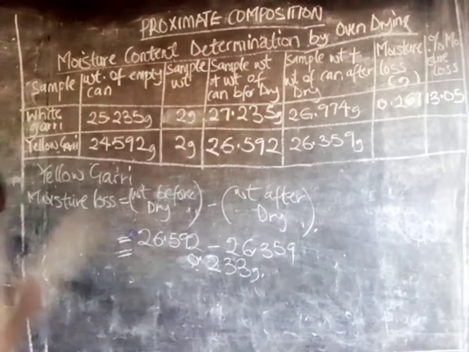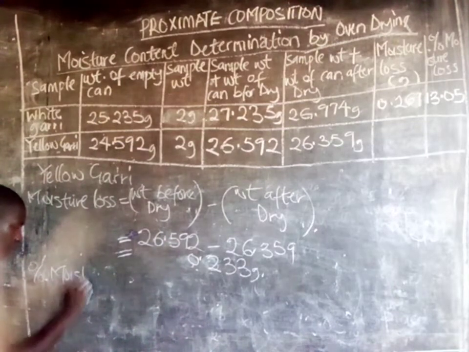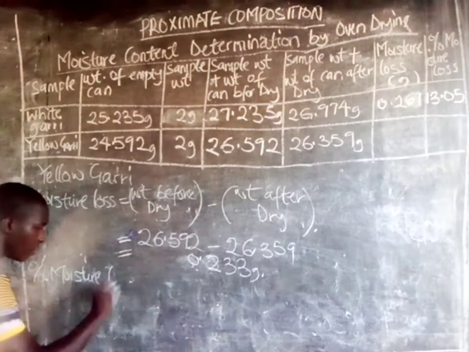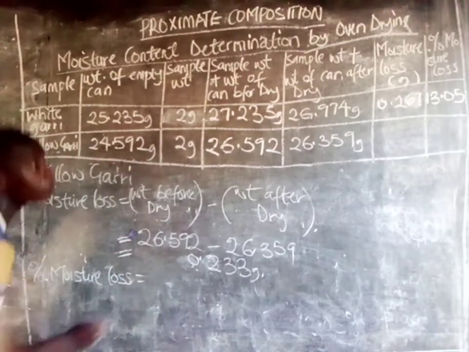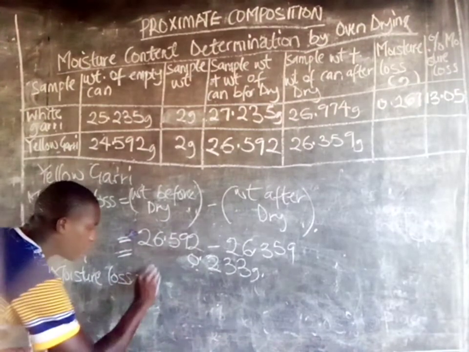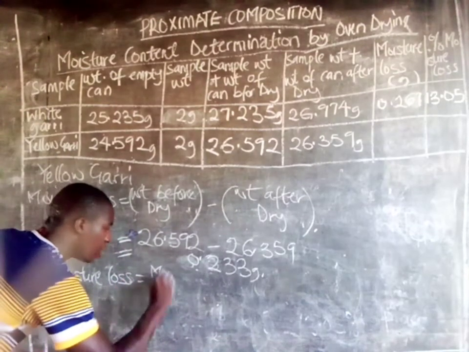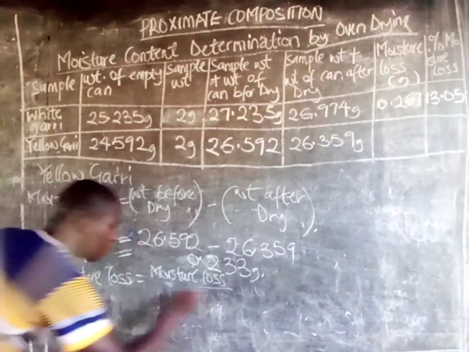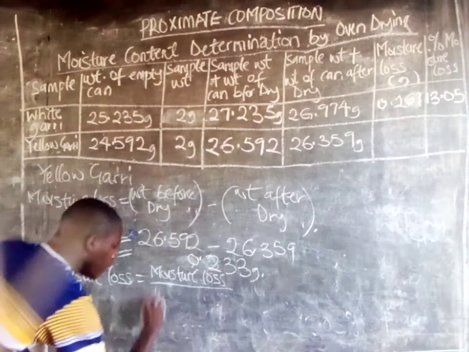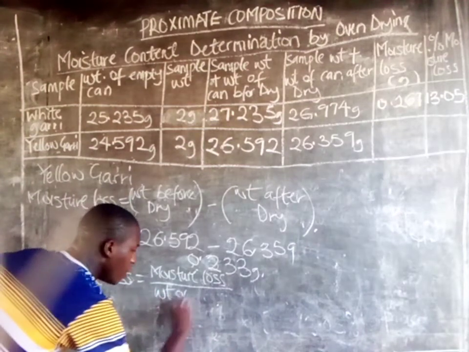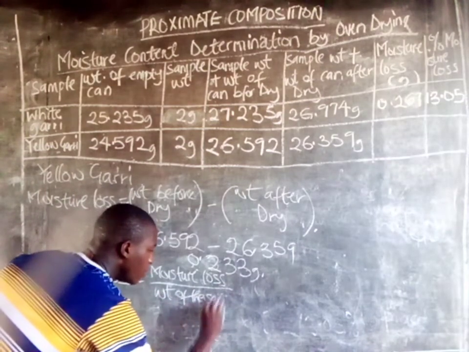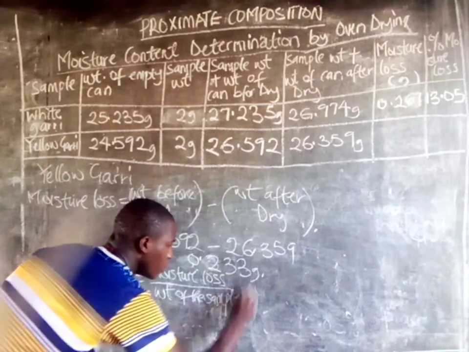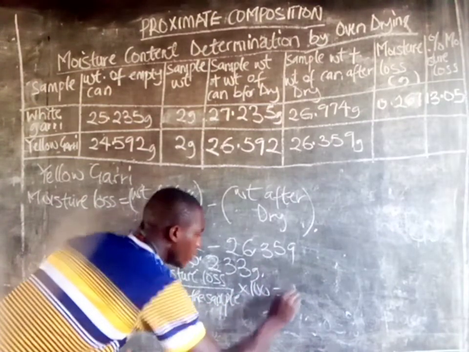And so now the next thing we are going to do is to calculate the percentage moisture loss. And so the percentage moisture loss is equal to the moisture loss all over the weight of the sample times 100.